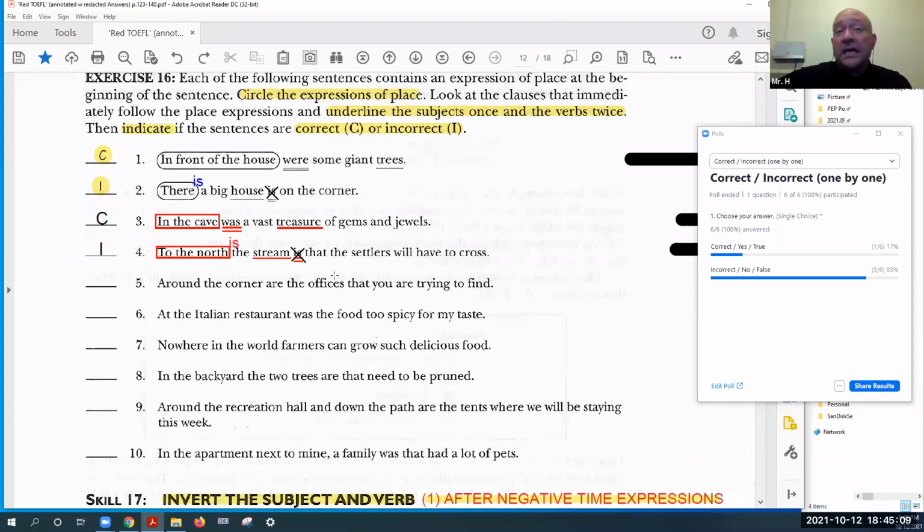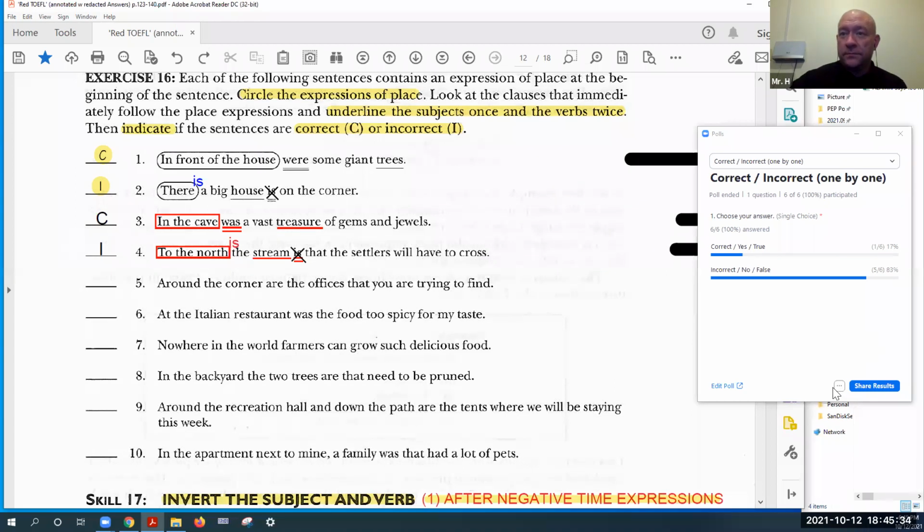Is this a complete idea? Without the expression, is it complete? No. But when you put the expression first, then it is complete. That's why we invert.